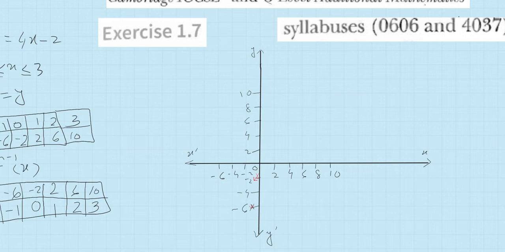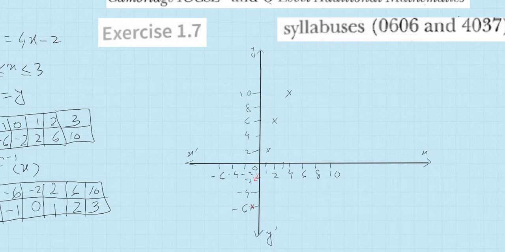Anyways, so 0, minus 2, then x 1 and y 2. Then x 2, y 6, and then x is 3, y is 10.